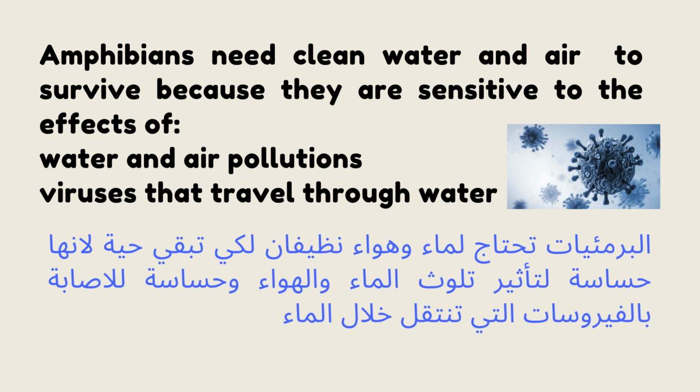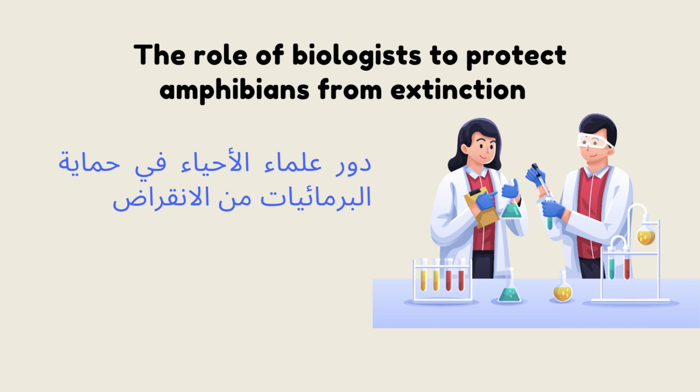So they are affected by water and air pollution and by viruses that travel through the water. If the water is not clean, it has viruses, so this will affect the amphibians, so they need clean water and air. We know all this information about amphibians from the research that biologists do.